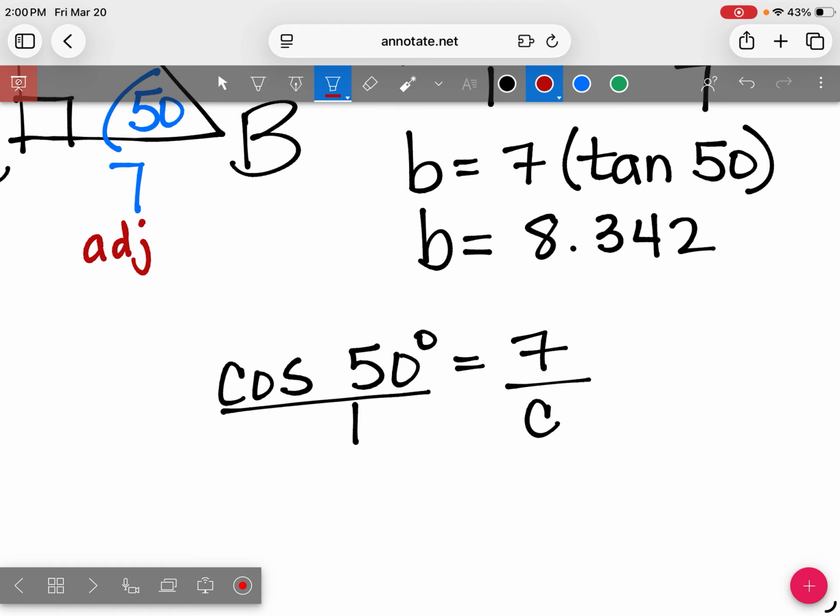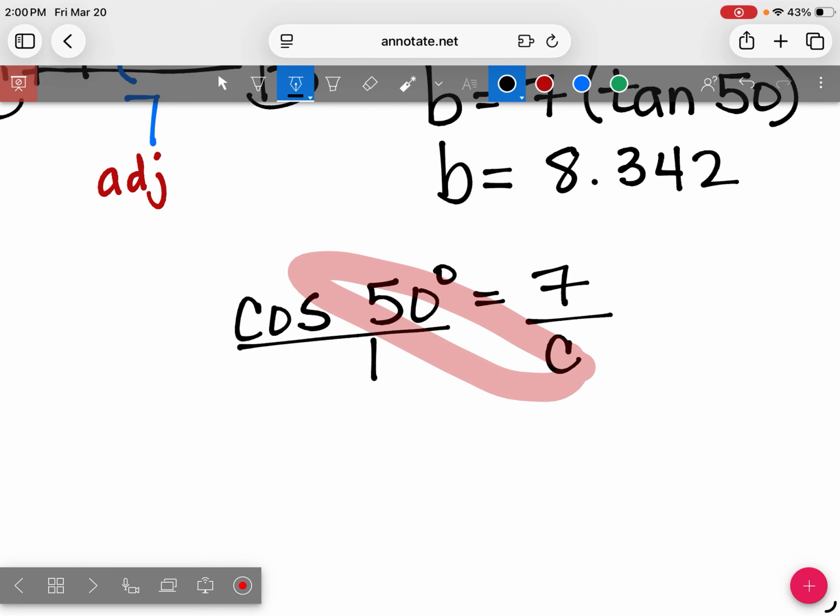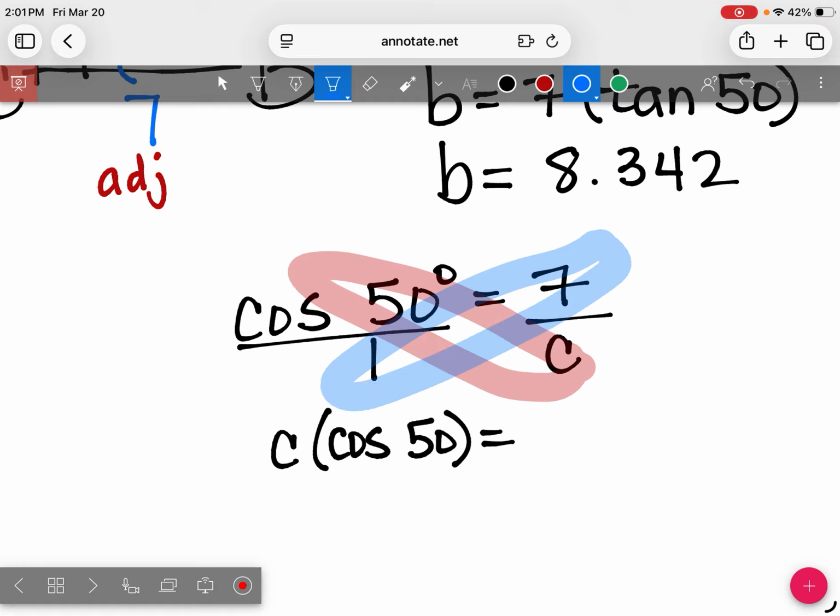So when I multiply this direction, I get c times the cosine of 50. I'm going to put that in parentheses because there's two c's. And that equals 1 times 7. You going to type that in the calculator? 1 times 7? Anybody know it? We know it? 1 times 7? Okay, 7.